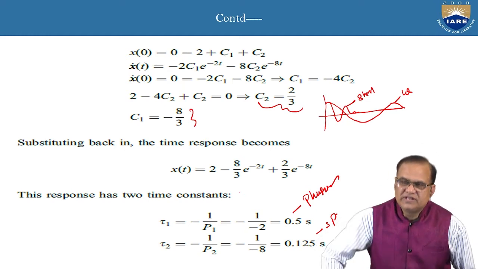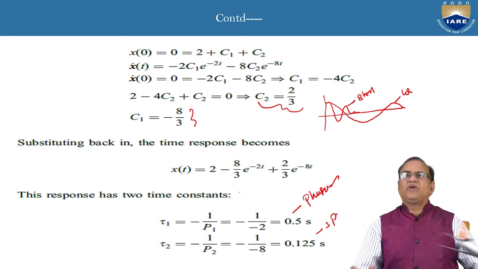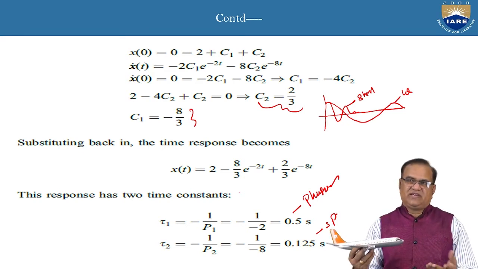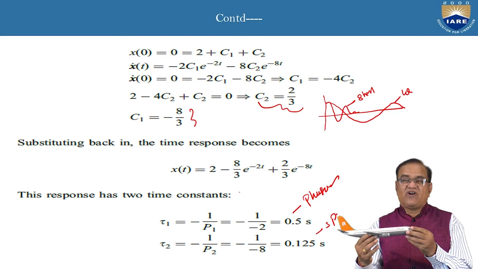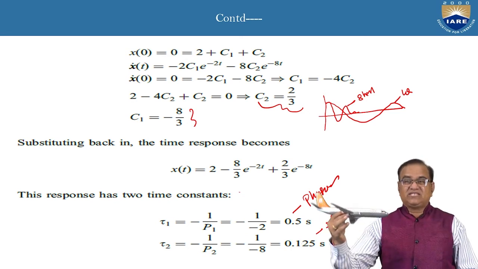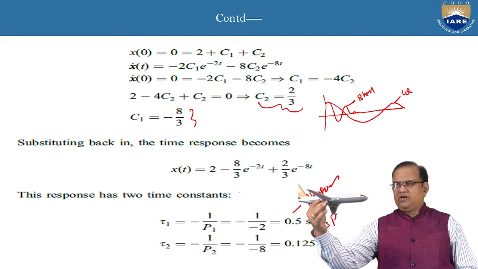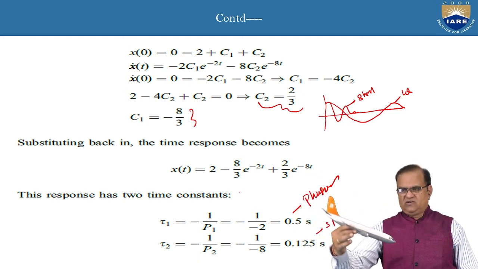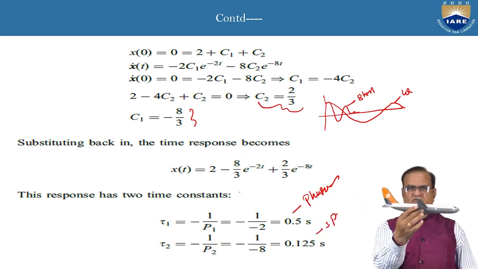So we have seen that in this, the first case is 0.5 second and another is 0.1 second. So the first takes about 5 seconds to settle, going like this, 1, 2, 3, 4, 5.